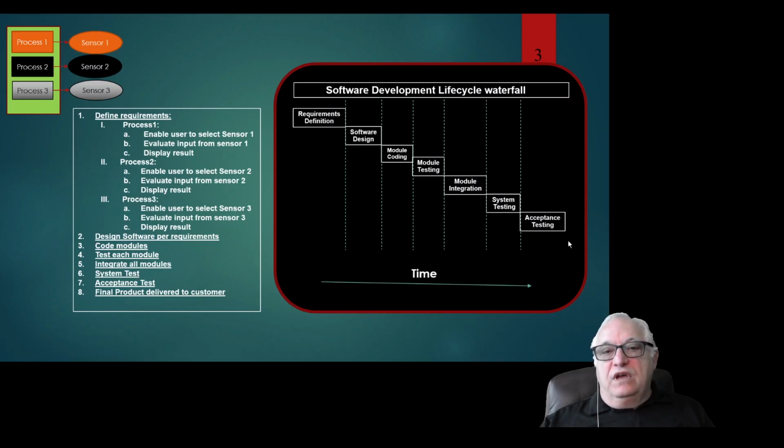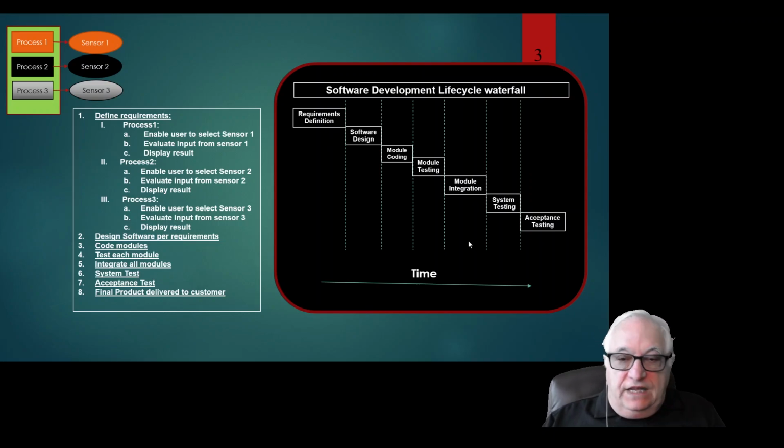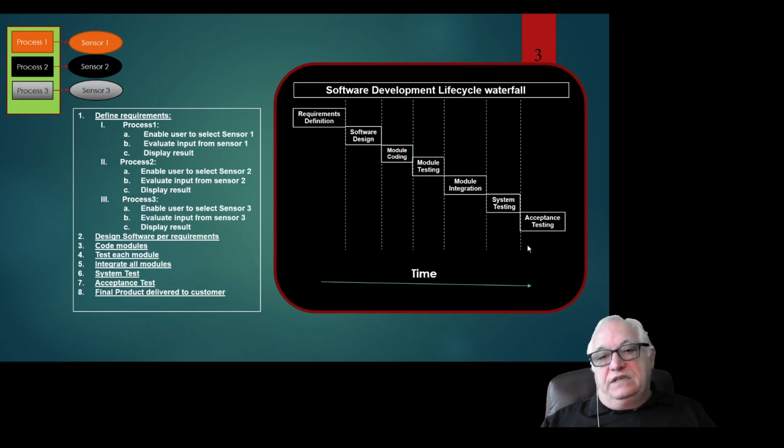This is just to give you an idea that you have requirements, then the functional software does something, then the system test, and finally we have the acceptance test, and everything is in series. The thing to understand here is that the requirements upfront are set in stone. You cannot change the requirements as you go. So let's go to the next life cycle.